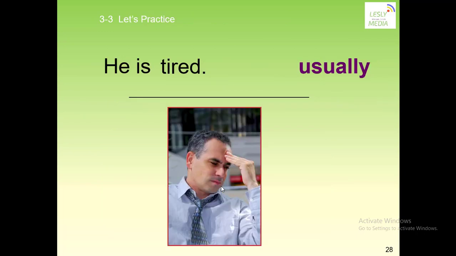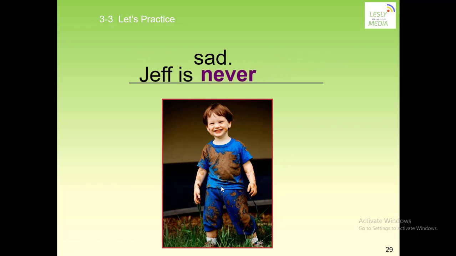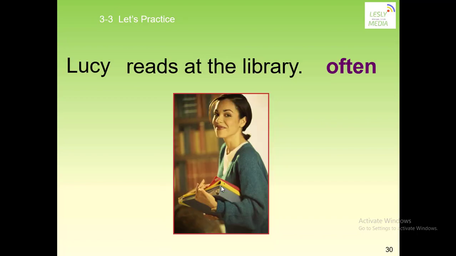Okay, next. Jeff is sad never. Can you arrange it? Okay, good. Jeff is never sad. Okay? Next. It is still talking about simple present tense. Lucy reads at the library often. Can you arrange it again?